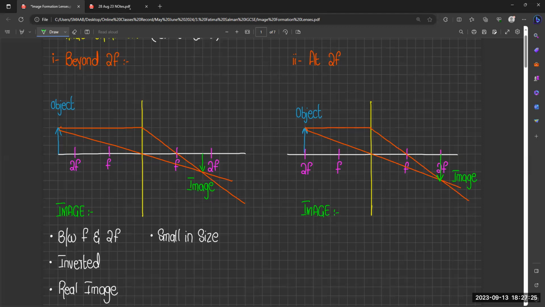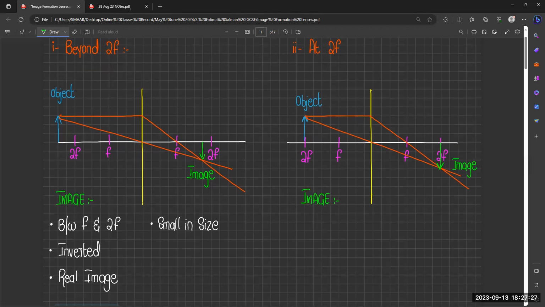Now again we have to write some specifications for this image. So again, the first one is we have to write the position. So the position: the object is placed at 2F and your image will form at 2F also, on the other side. And the second point is the image is again inverted.